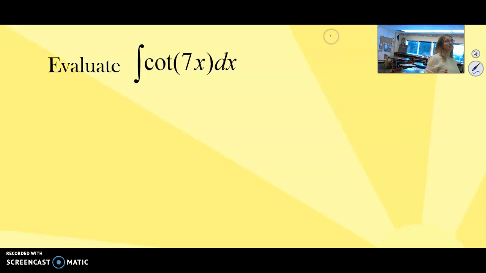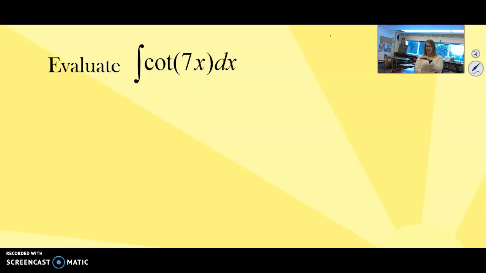Now, there's not an antiderivative of cotangent that we can immediately jump to. So we're going to have to think of some identity that we can use and think about what cotangent is.